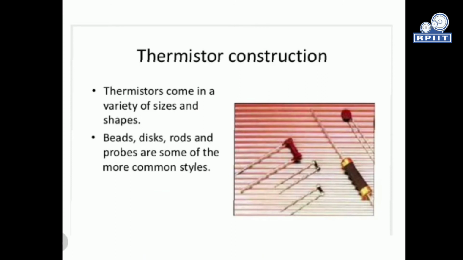Thermistor construction varies in size and shape: it can be bead shaped, disc shaped, rod shaped, probe shaped, and some are more common types like this one. These are the different kinds of constructions.